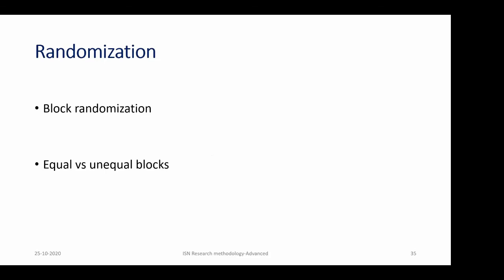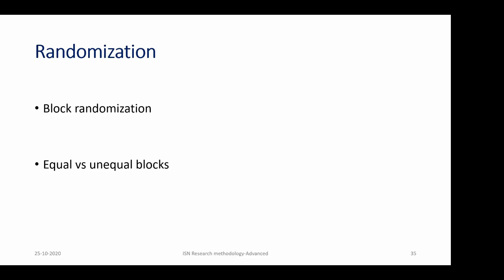Now the questions, everybody has given correct responses regarding the randomization. We will do a block randomization. So equal versus unequal blocks: if you are planning to use a placebo, it doesn't really matter. But if it's an open label trial and you use an equal block, say an equal block of 3, the first patient is allotted to one arm, the second patient is allotted to another arm, and the third patient also to another arm.